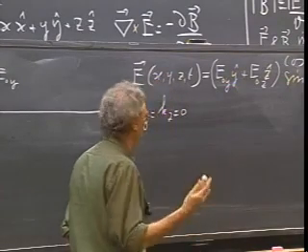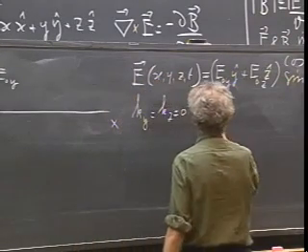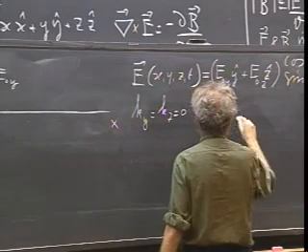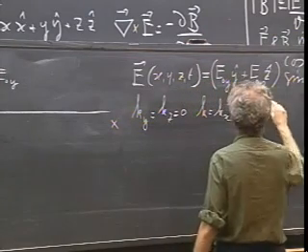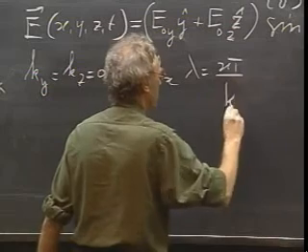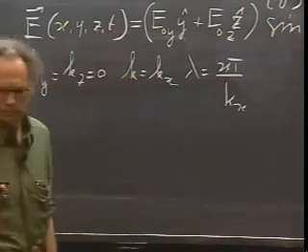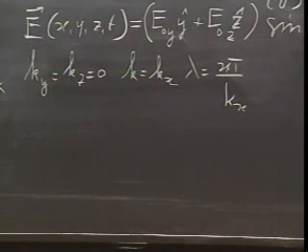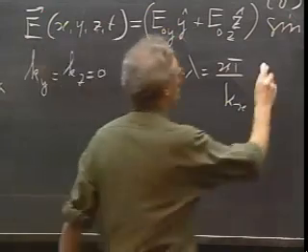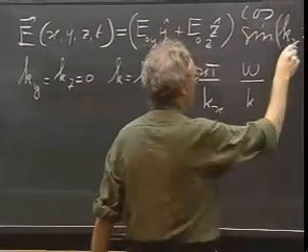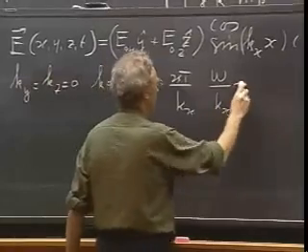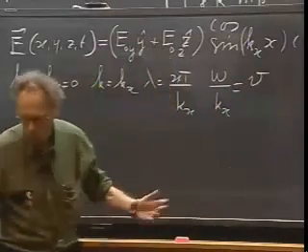So there's only a k of x, and so k then equals k of x, and so lambda is 2 pi divided by this value. And omega divided by this k value, I write an x, but you can leave the x out, would then be v, or it could be c, of course.